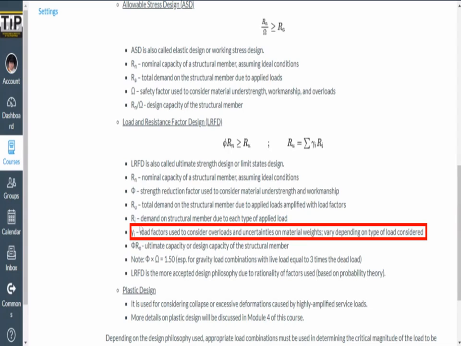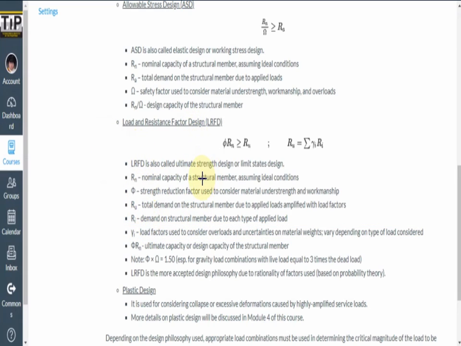So now, for each type of load, we usually consider different load factors. The main concept there is that the higher the uncertainty of those loads, the higher the load factors that you need to use. So dead loads mainly depend on the self weight of the structure. So meaning it only depends on the material weights. And material weights, although we have the estimates and although they may be different, will not differ by much.